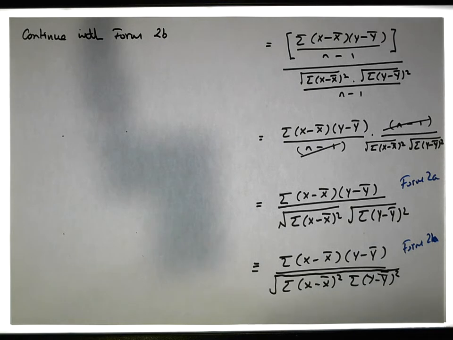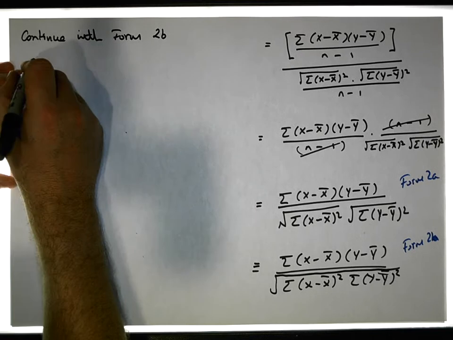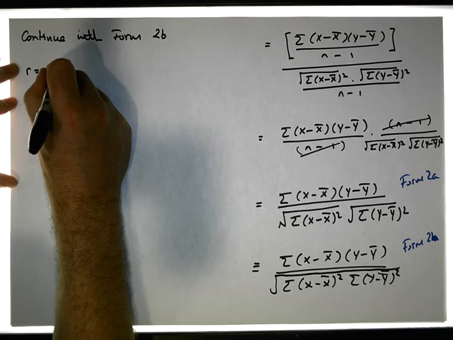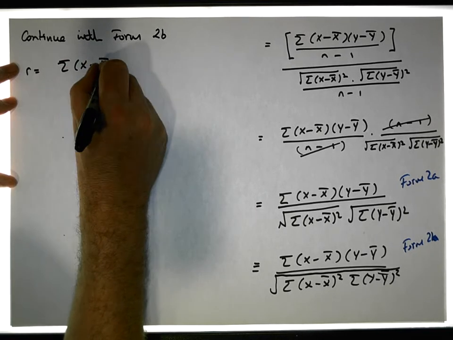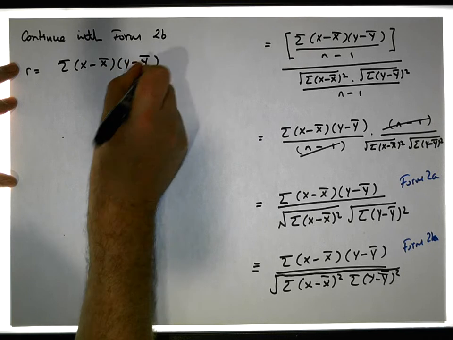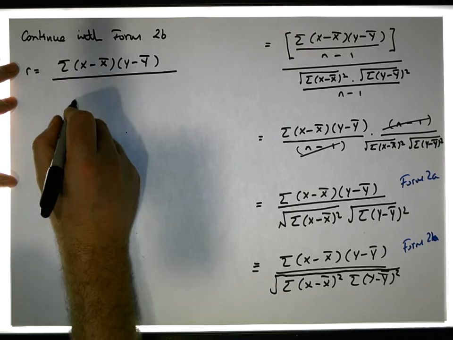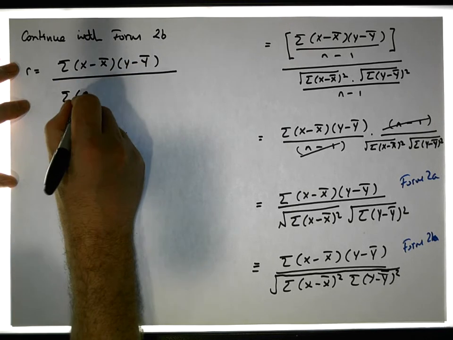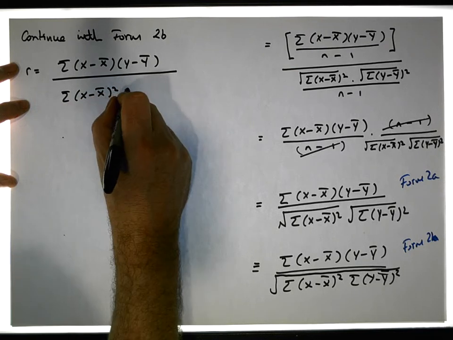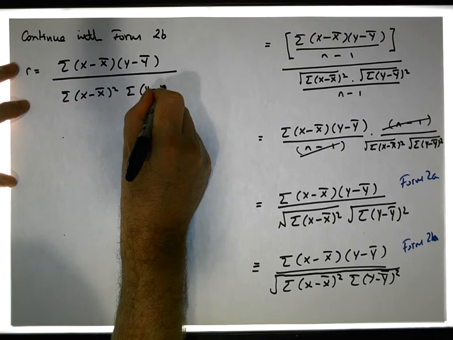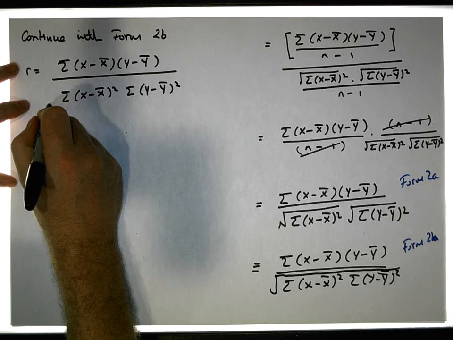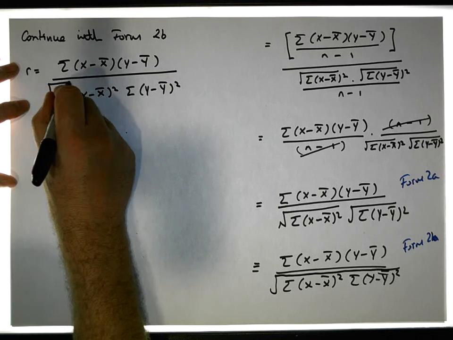Form 2b is equal to the sum of the x's minus the x bars times the y's minus the y bars, all over the sum of the x minus the x bar squareds times the sum of the y minus the y bar squareds, and it's the square root of all of that.